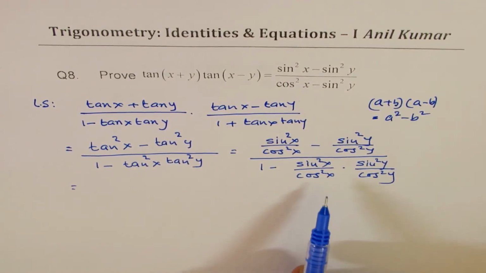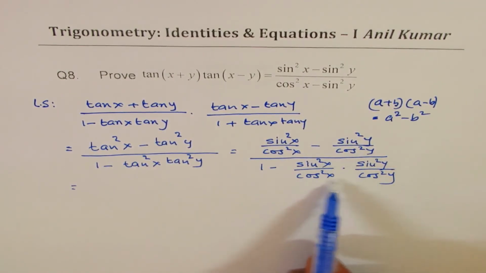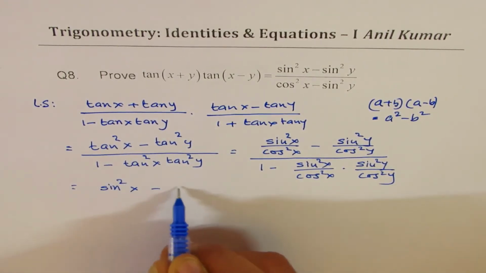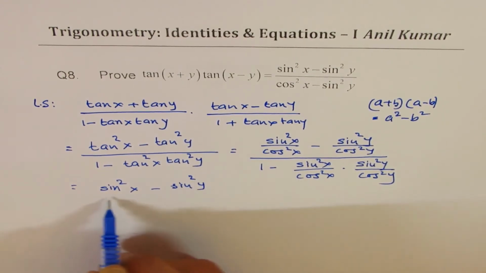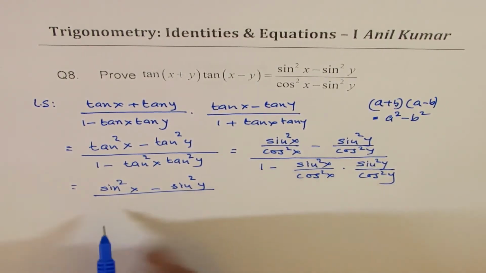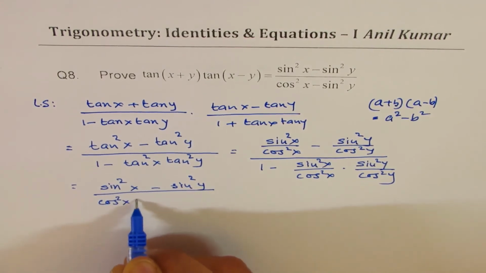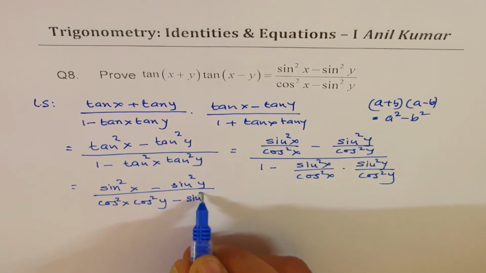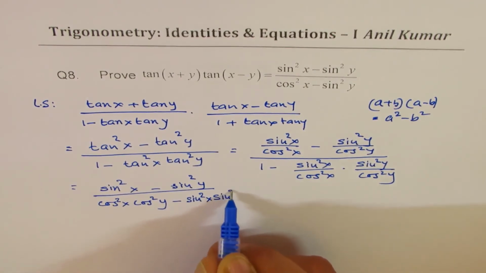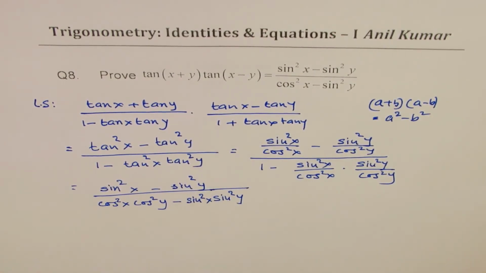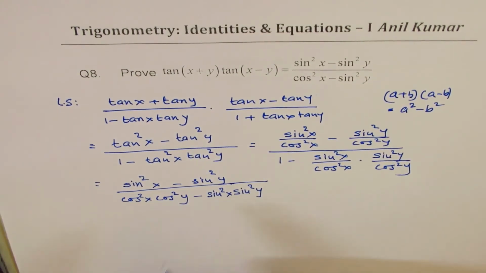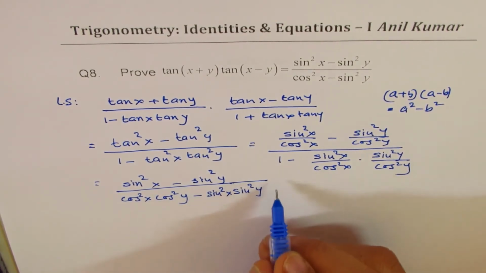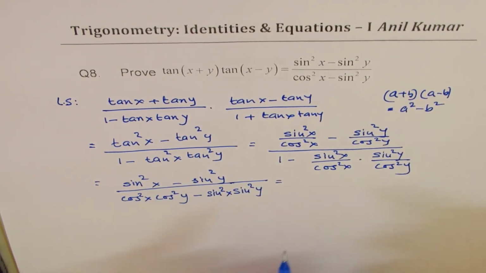Correct? Now if I multiply by cos²x cos²y, then we get sin²x - sin²y in the numerator, and the denominator becomes cos²x cos²y - sin²x sin²y. Now what we can do here is write cos²y as 1 - sin²y, right? Since we want only cos²x here.